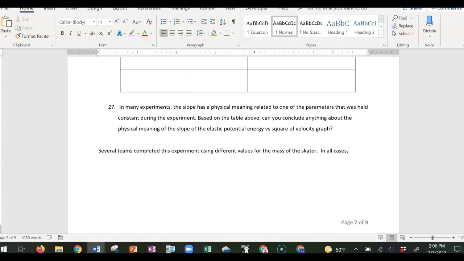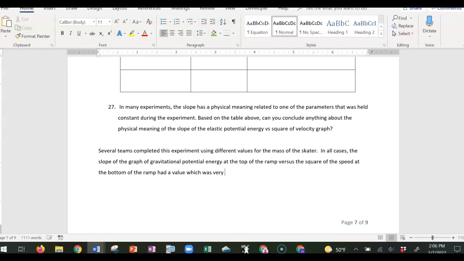In all cases, the slope of the graph of gravitational potential energy at the top of the ramp versus the square of the speed at the bottom of the ramp had a value which was very similar to half of the skater's mass.